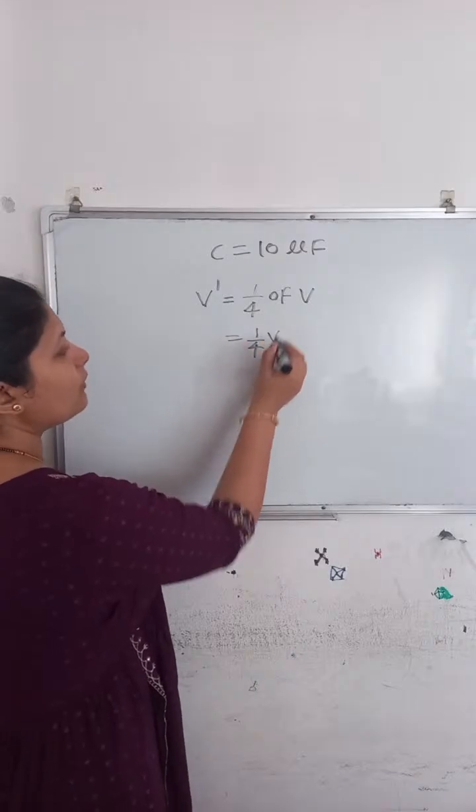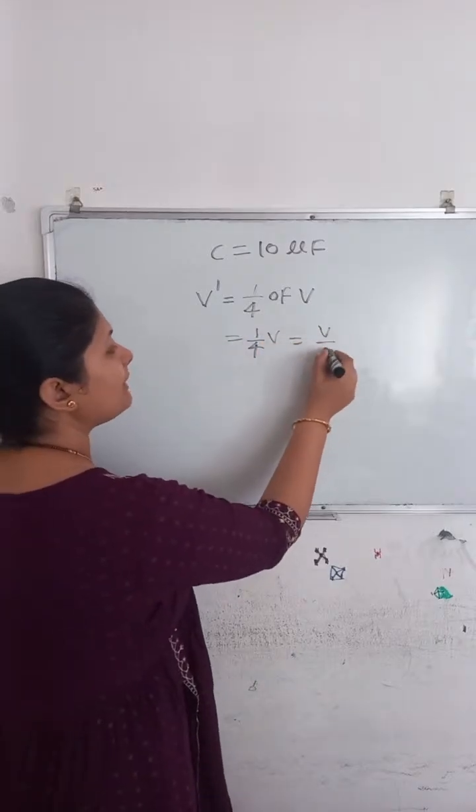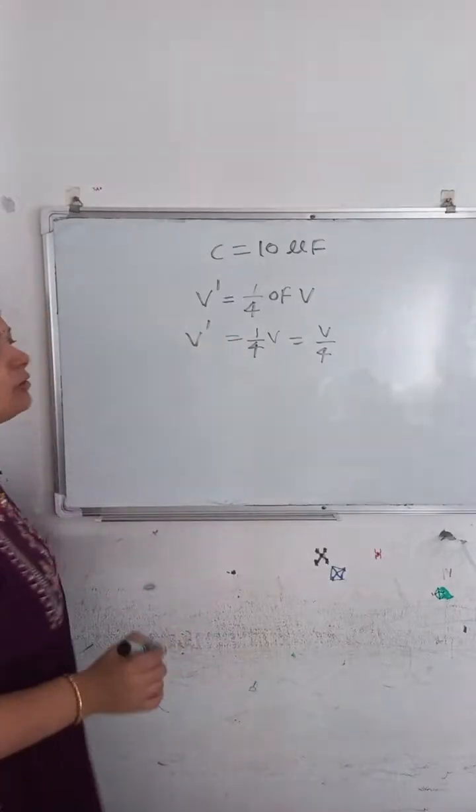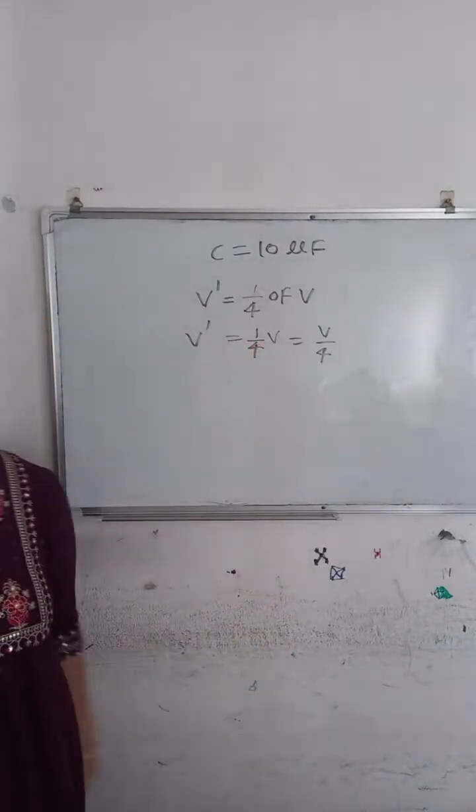So 1/4 times V, that means V/4. So the new potential drop generated is nothing but V/4.